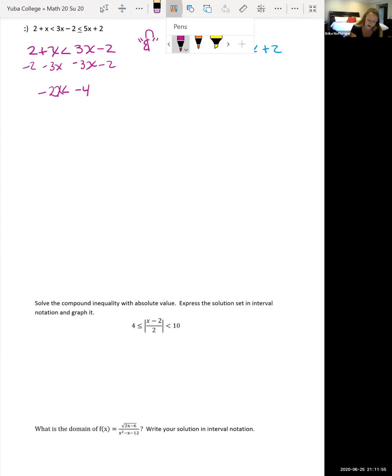If we divide by a negative number, which I'm going to do, we have to flip our inequality sign because I want x by itself. And so this is now a greater than sign. So x is greater than negative 4 divided by negative 2 is positive 2. Okay, so here we have x is greater than 2.